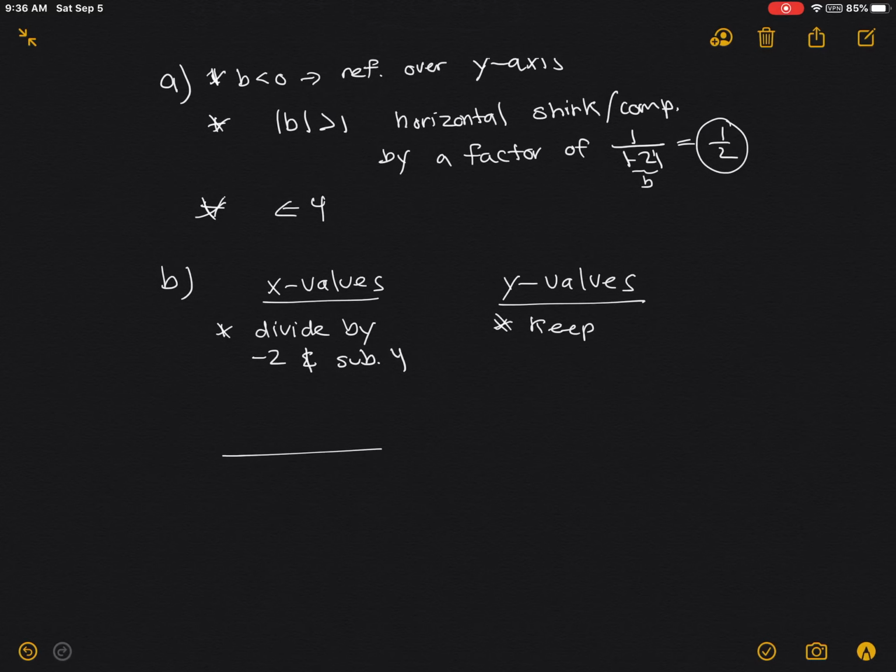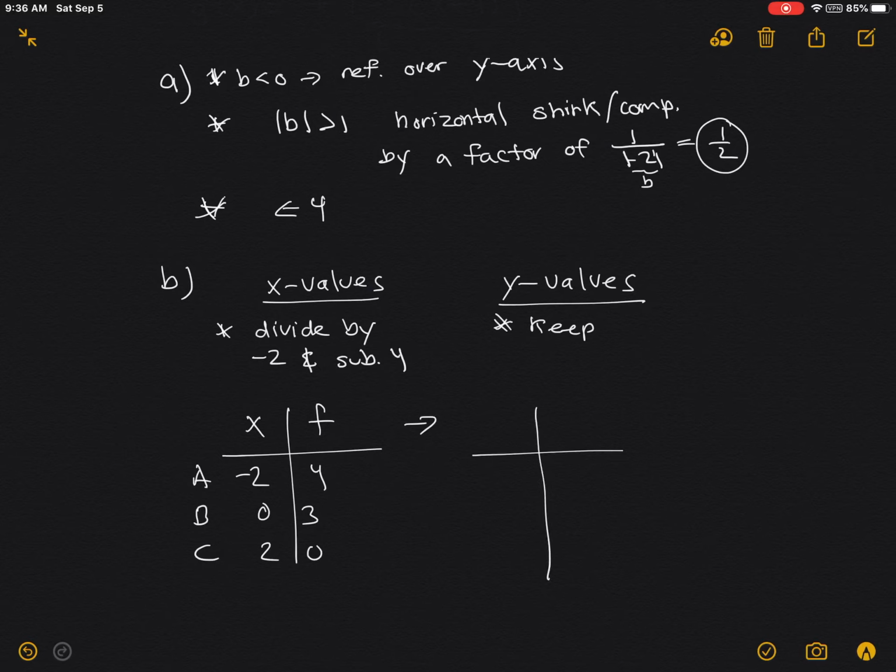All right, so again, take your coordinates here. Here's my x, here's my f, a, b, and c. So -2, 4, 0, 3, 2, 0, and transform. Okay, so I believe this function is called g.